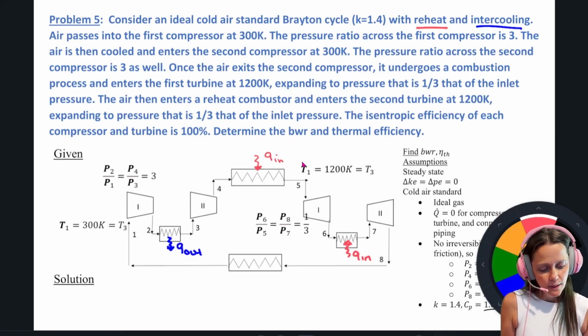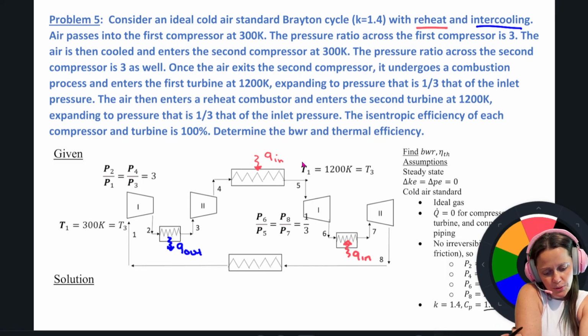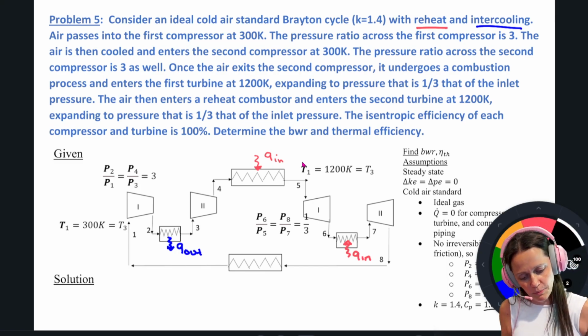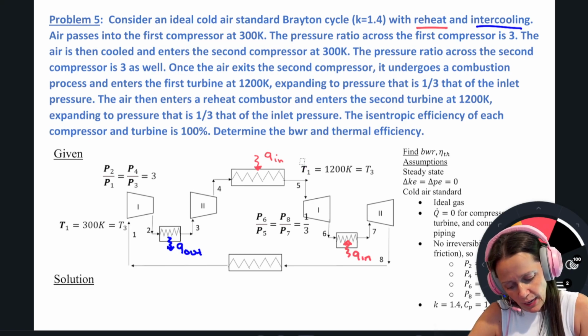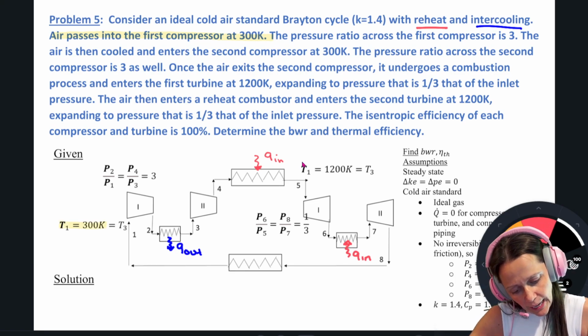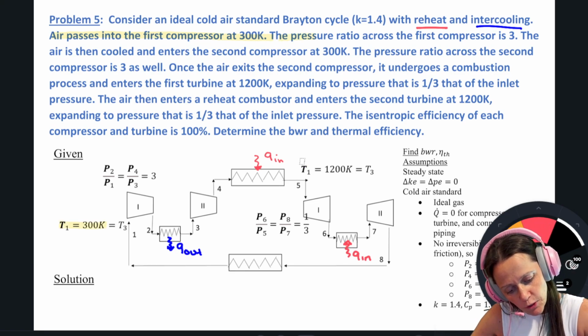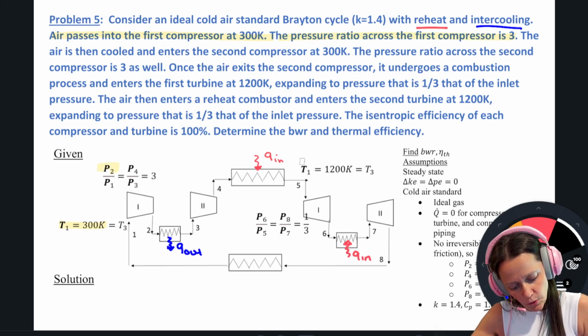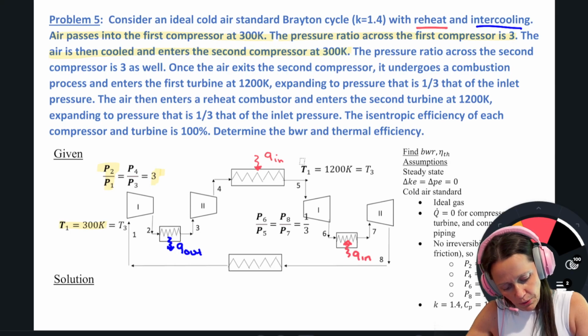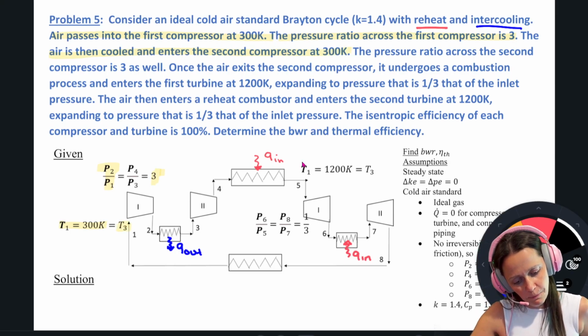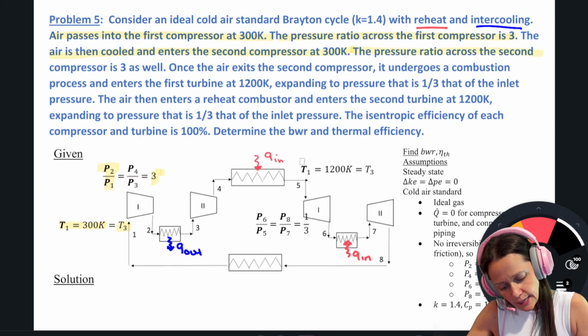Okay, all right. So I think I can see I've got some numberings wrong, but let's get to it in a second. So we have air passes into the first compressor at 300 Kelvin, and the pressure ratio across that first compressor is 3. And then it's cooled and it enters the second compressor at 300 Kelvin. Pressure ratio across the second compressor is 3 as well.